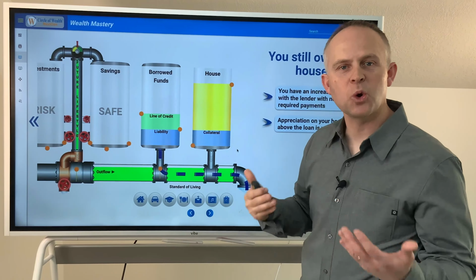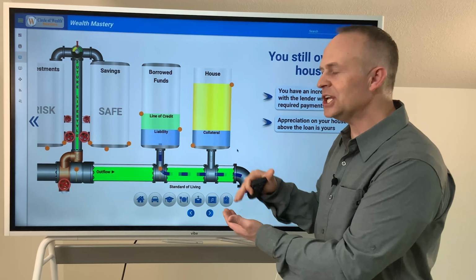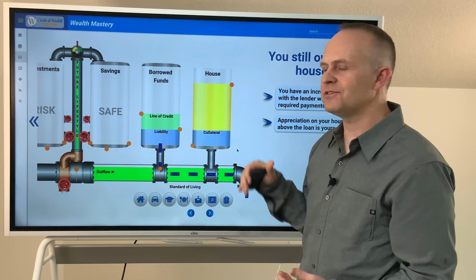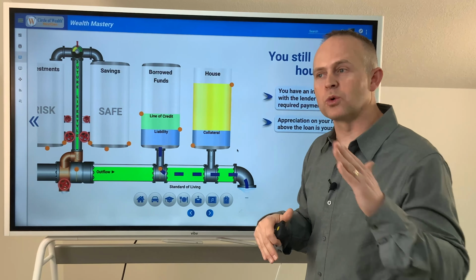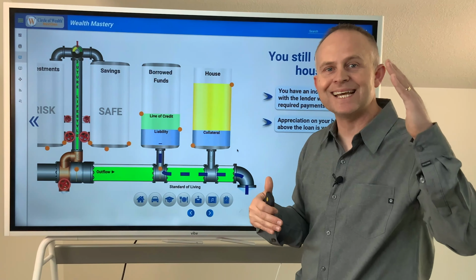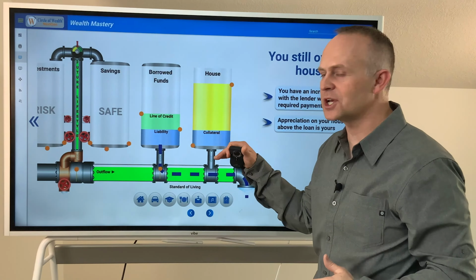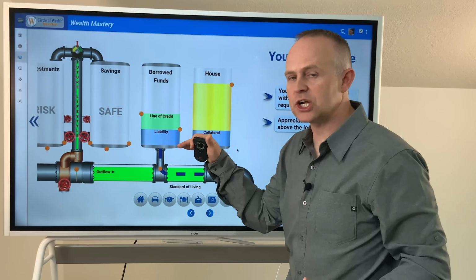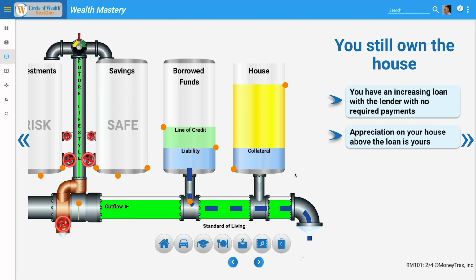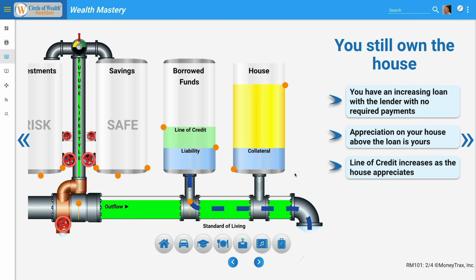You don't even have to qualify for it. It just increases based on the value of your house. So if markets go really well, like in 2006 and 2007, right before the crash, your house could go up in value, your line of credit could go up, and you could tap into that increased line of credit.